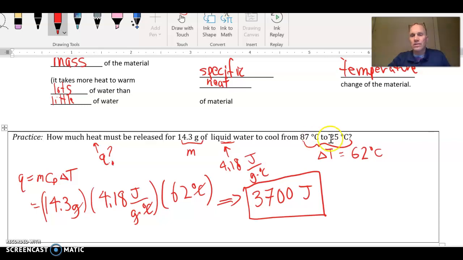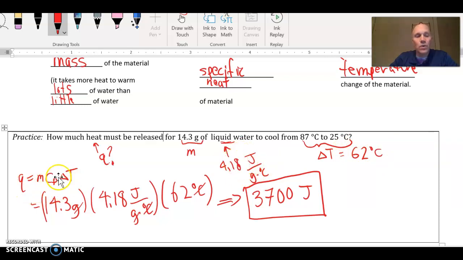We're just assuming this is normal atmospheric pressure. So you should know that this would be a liquid in this temperature range. Nothing is greater than 100 degrees Celsius and nothing is lower than 0 degrees Celsius. So the delta T is going to be 62 degrees Celsius, and this is going to be our specific heat.